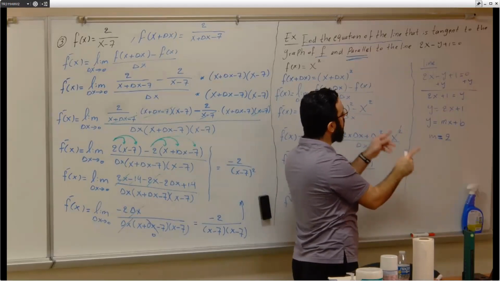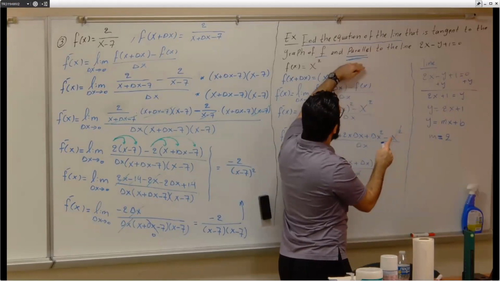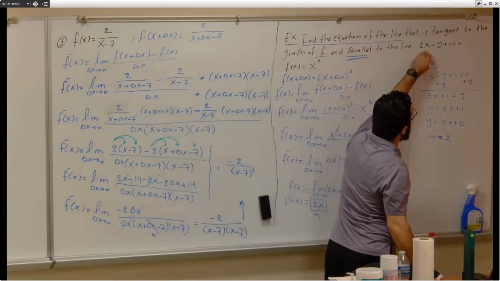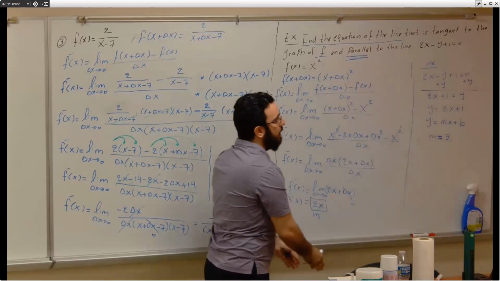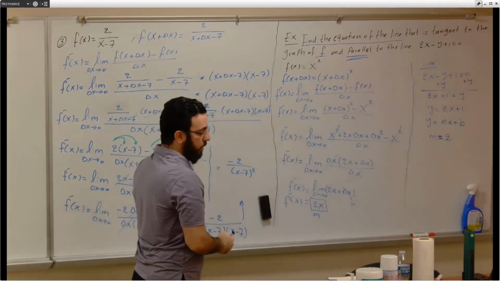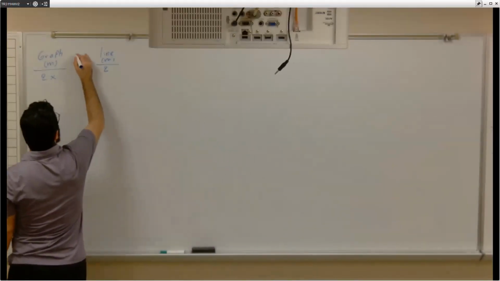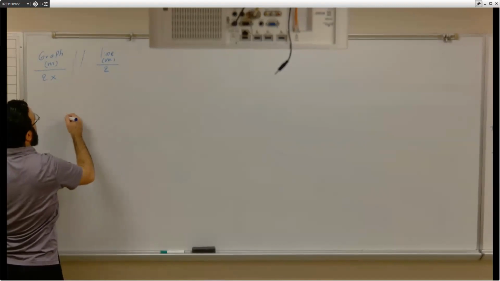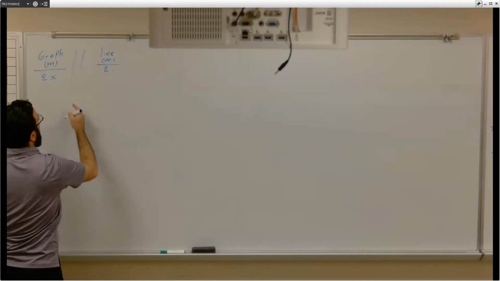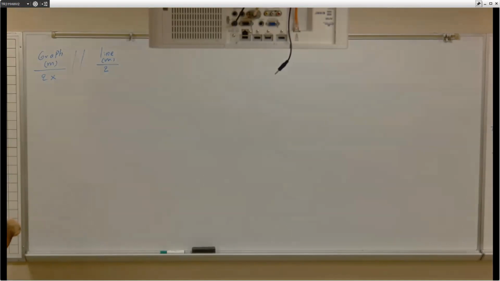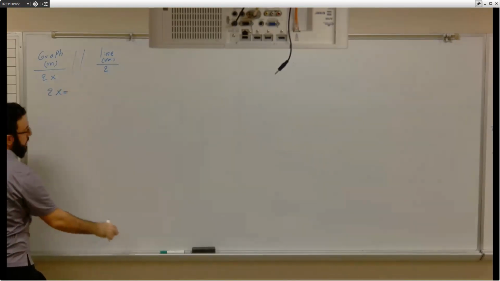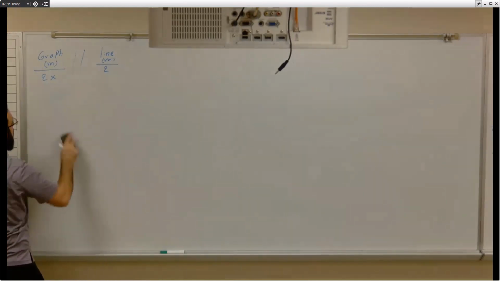The line here is parallel to this line, so the graph and the line are parallel to each other. That means they have 2 equal slopes.